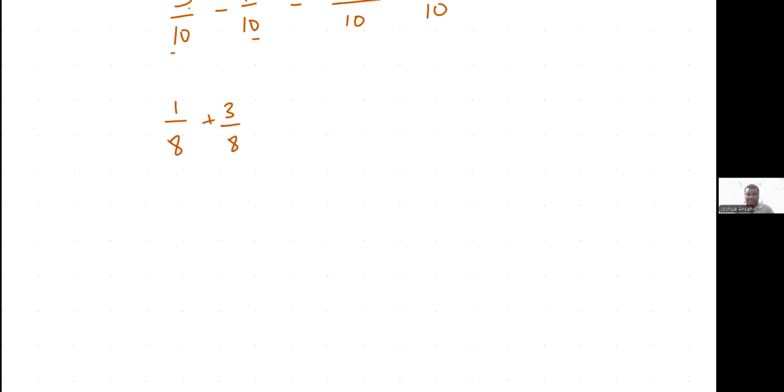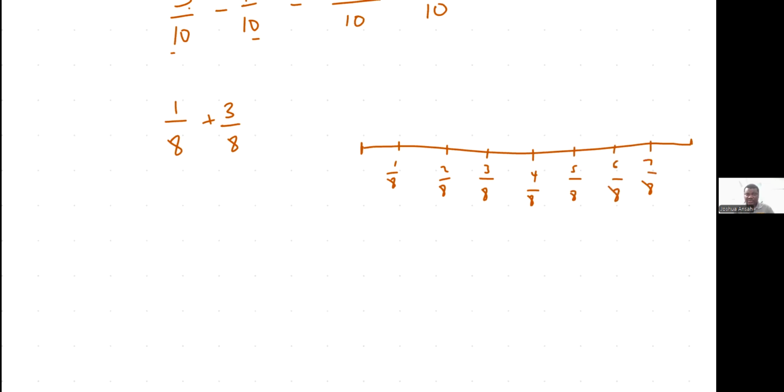If you want to use the number line to do it, let's see: 1 out of 8, 2 out of 8, 3 out of 8, 4 out of 8, 5 out of 8, 6 out of 8, 7 out of 8, and then 8 out of 8.